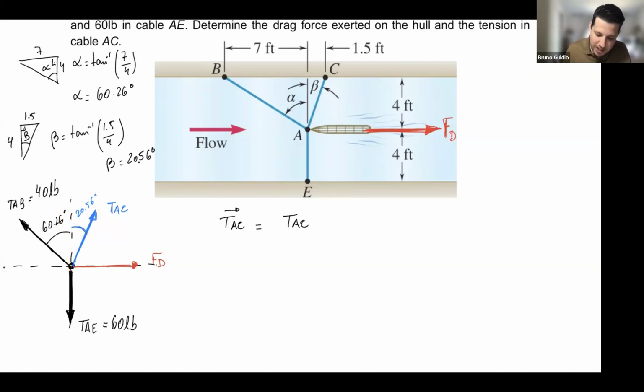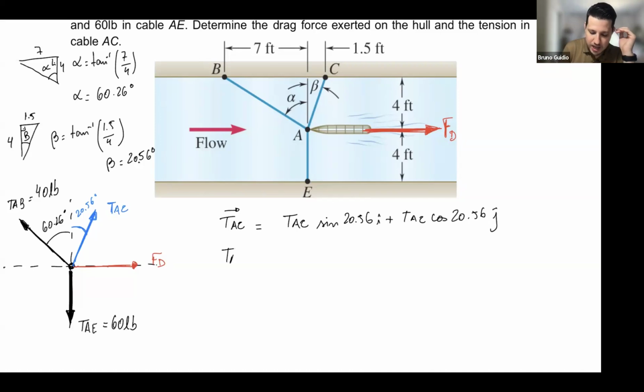So in x it should be sine of 20.56, and the cosine should go with the y-axis. Can I find the other angle from the x-axis? Yes. 90 minus 20.56 would be 69.44. So you could use cosine of 69.44 and sine of 69.44. It's going to be exactly the same thing.